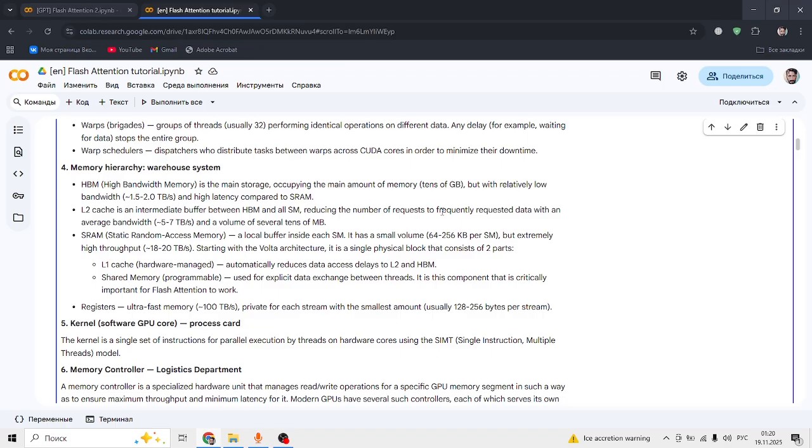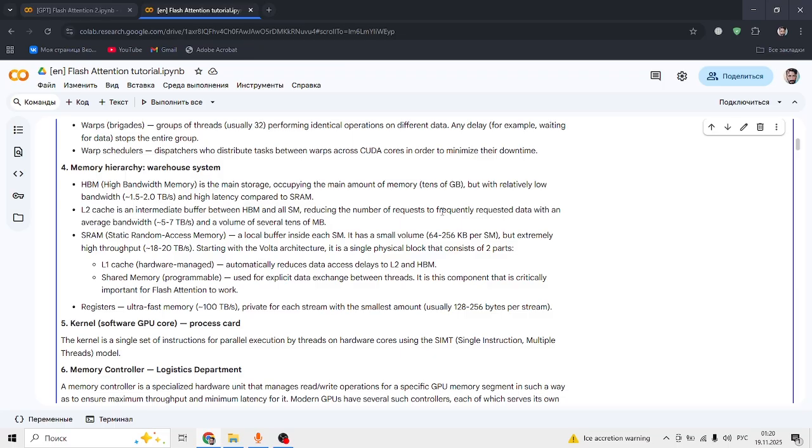So this is good for some tasks, but it has a very low bandwidth relative to SRAM, static random access memory. SRAM is a local buffer inside each streaming multiprocessor.